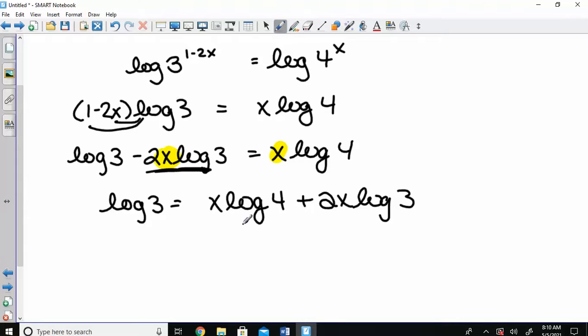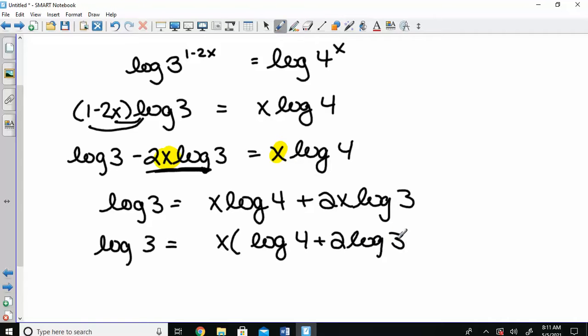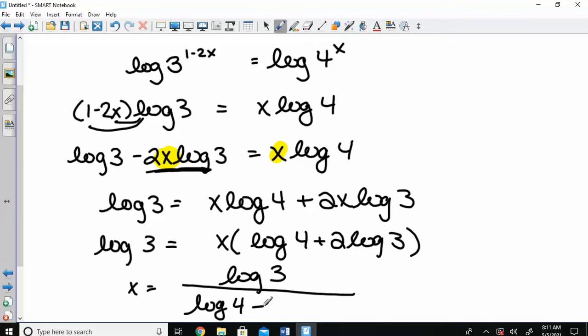From there, these aren't like terms, so I can't actually add them. What do I do? You can pull out that x. And then to get x by itself, you would divide. So x is log 3 divided by log 4 plus 2 log 3.